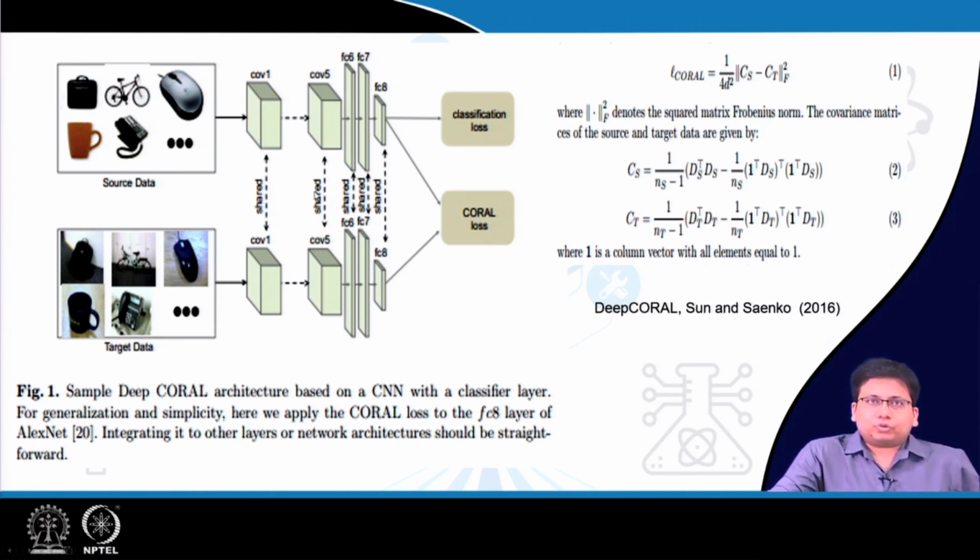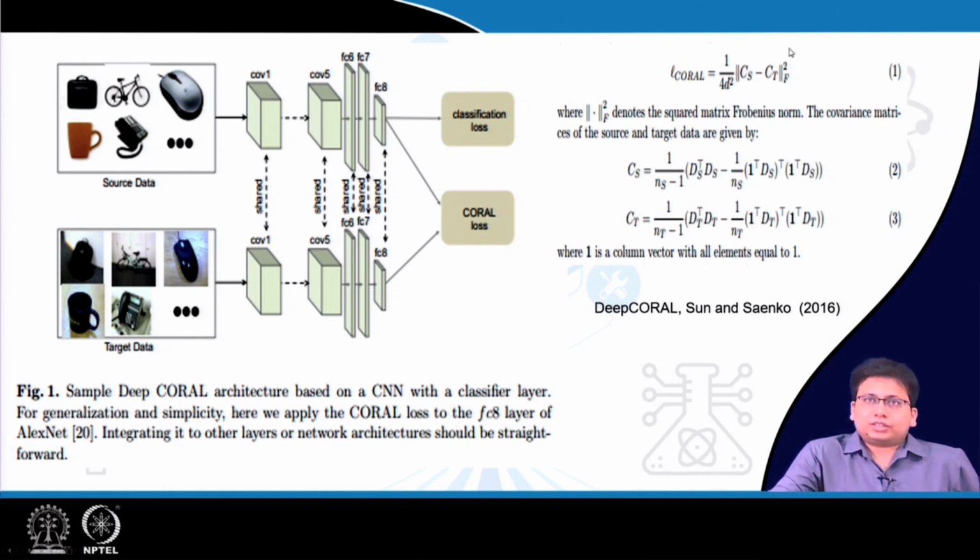Now almost all layers of the neural network will share their weights, except that apart from the usual classification loss, which is of course there because this is an object classification problem, an additional loss function will be added, called the coral loss.